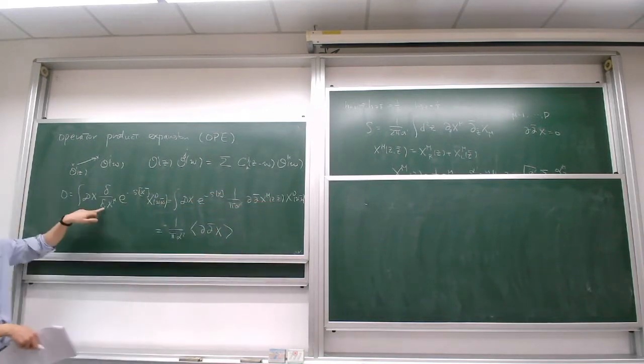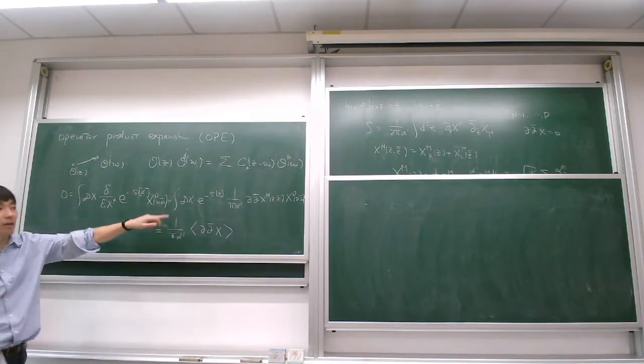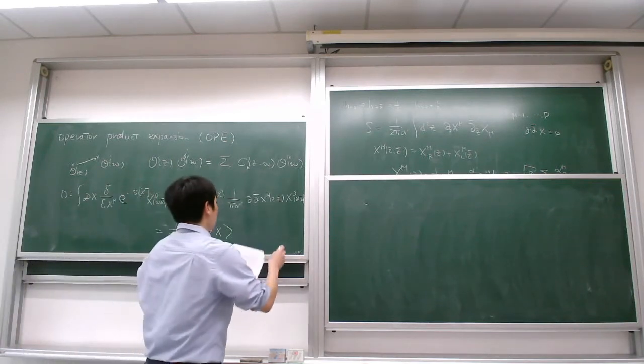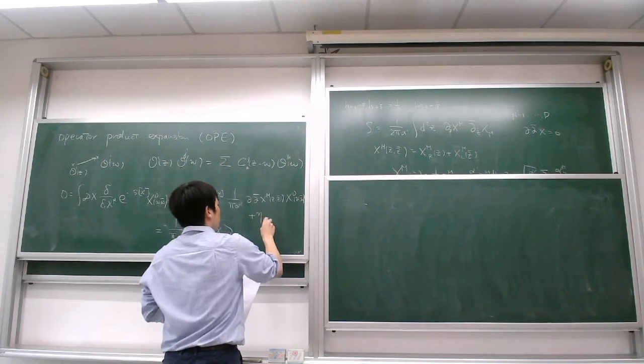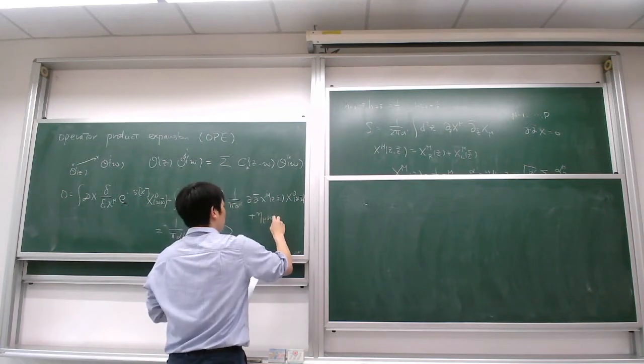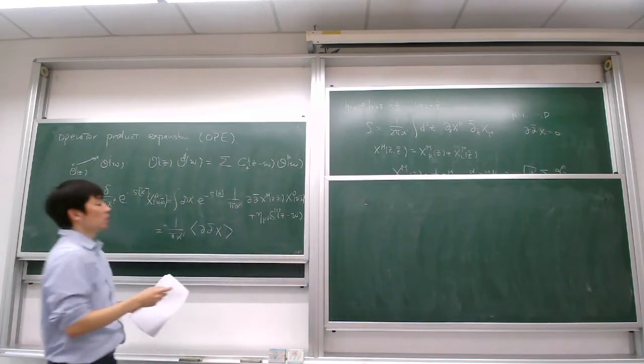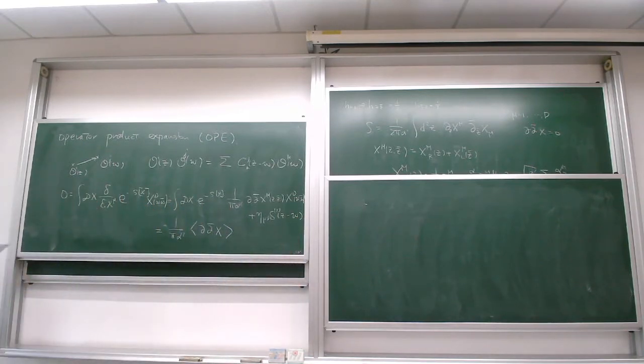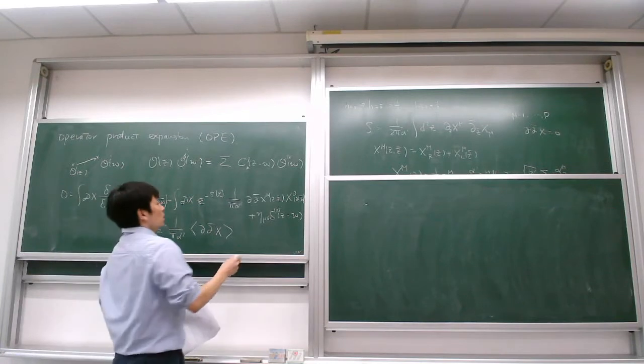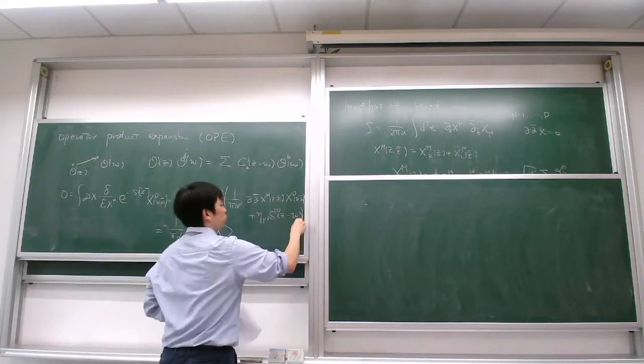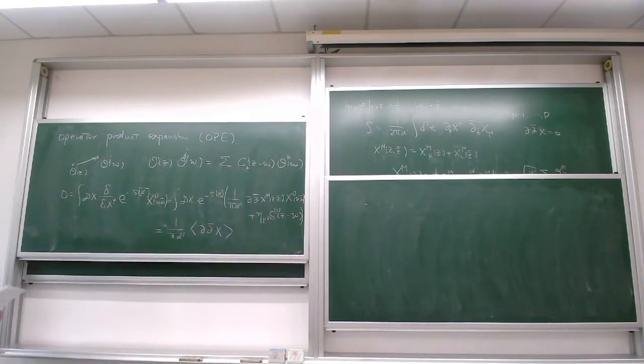But now it can also act on this operator, and you have an additional piece, which is a delta function times A^μν.